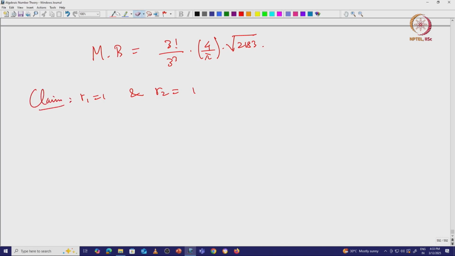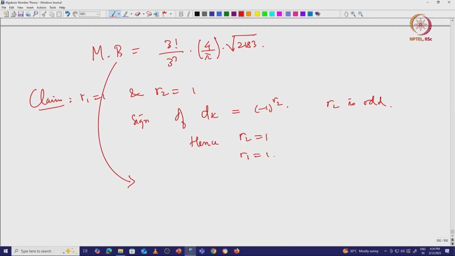So you see that the sign of d_K is equal to (-1) to the R2, and so R2 is odd, and the only way this can happen is, hence R2 is 1 and R1 is 1. Okay, so the Minkowski bound is then, you can show that this is less than 14. Okay.